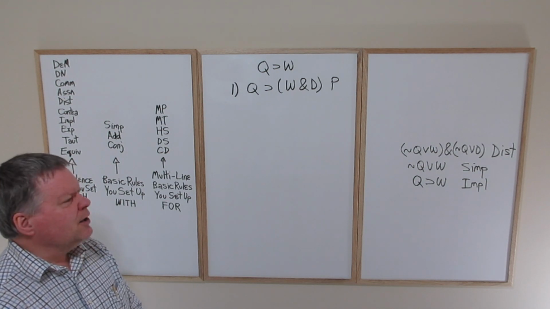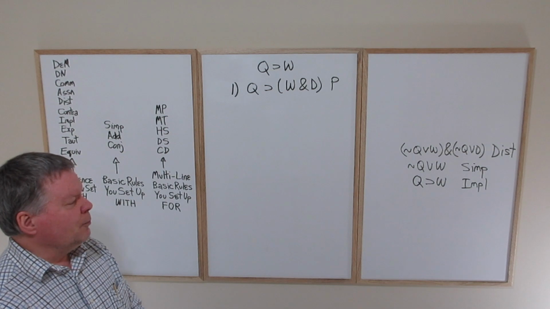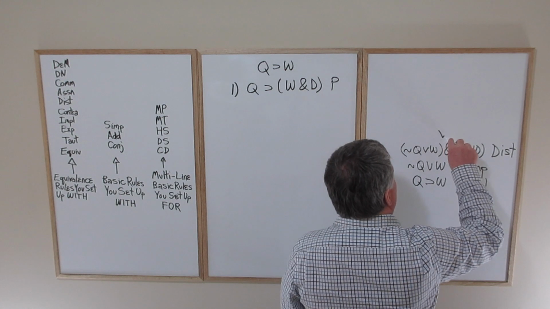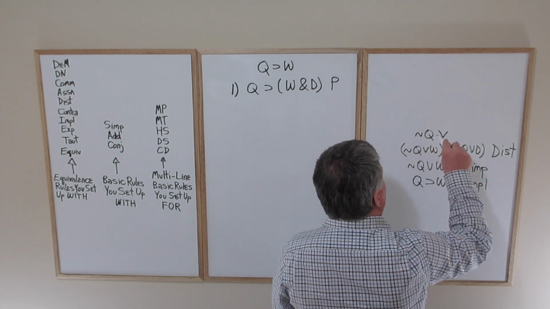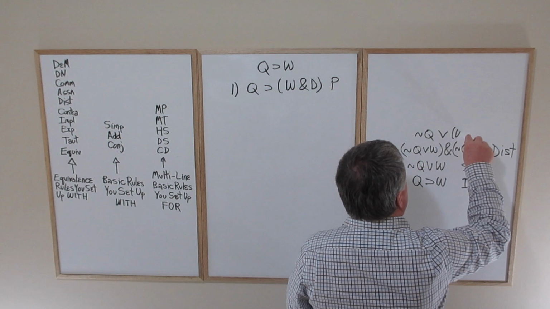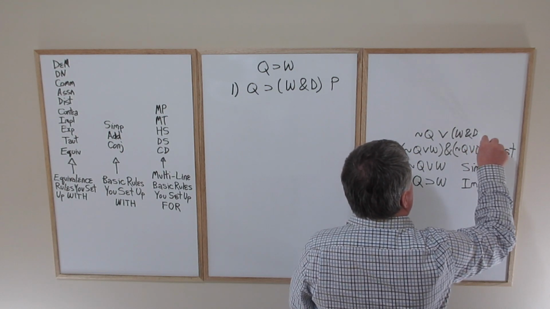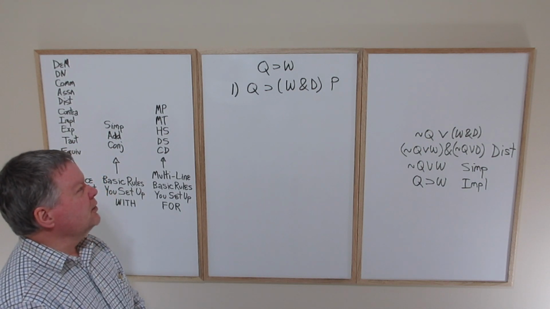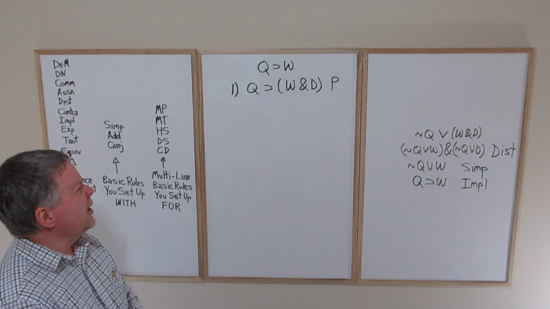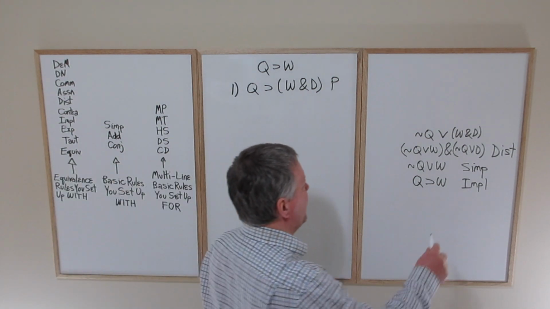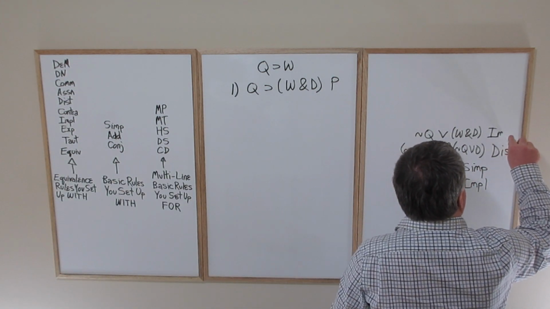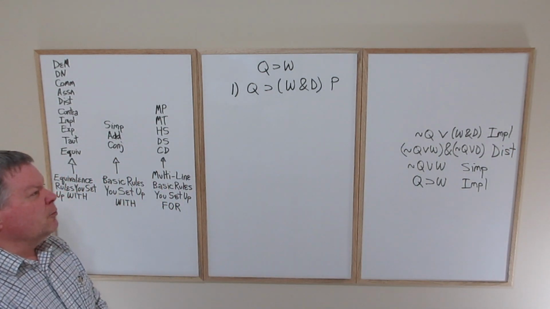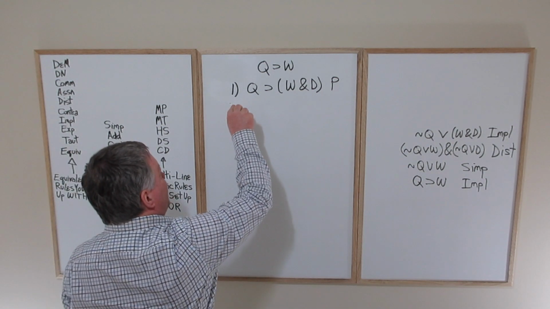What would we need to get a sentence like this by distribution? Answer, well, we'd need the following disjunction. Tilde Q or W and D. At this point, hopefully, the light goes on in your mind and you realize that we can get this sentence by implication from our original premise.